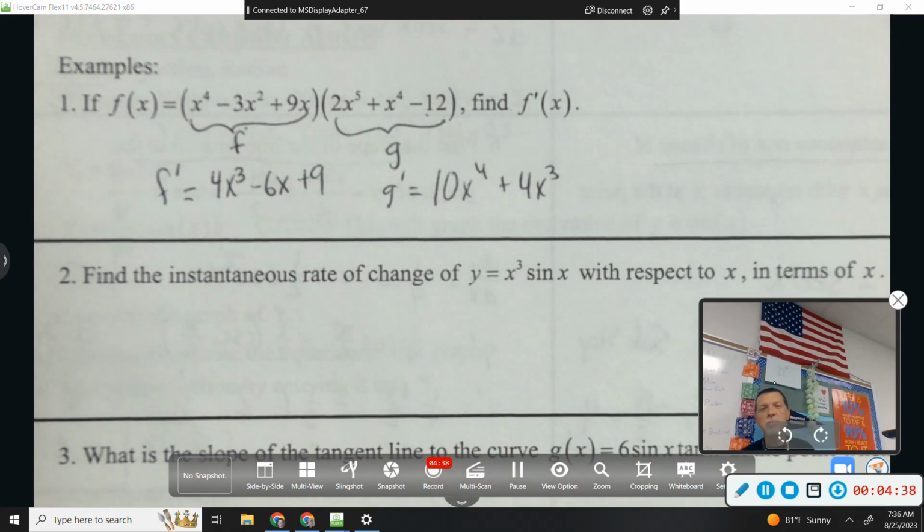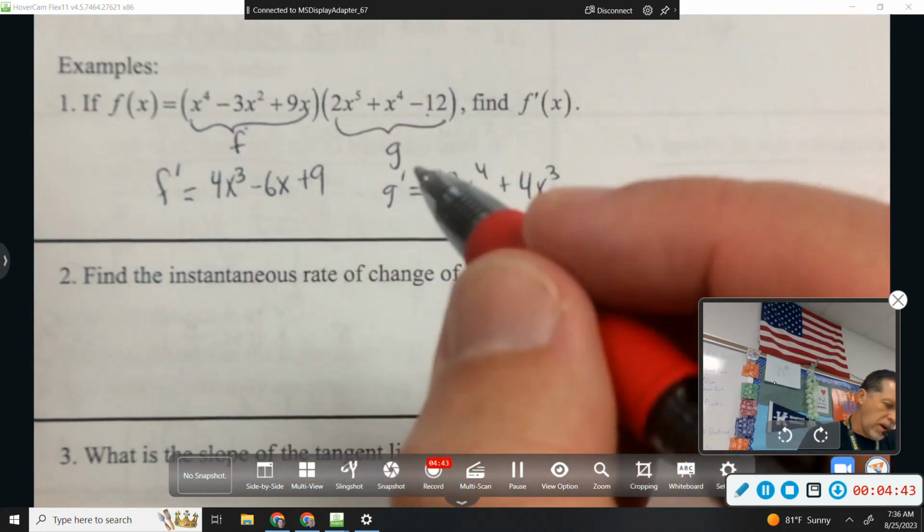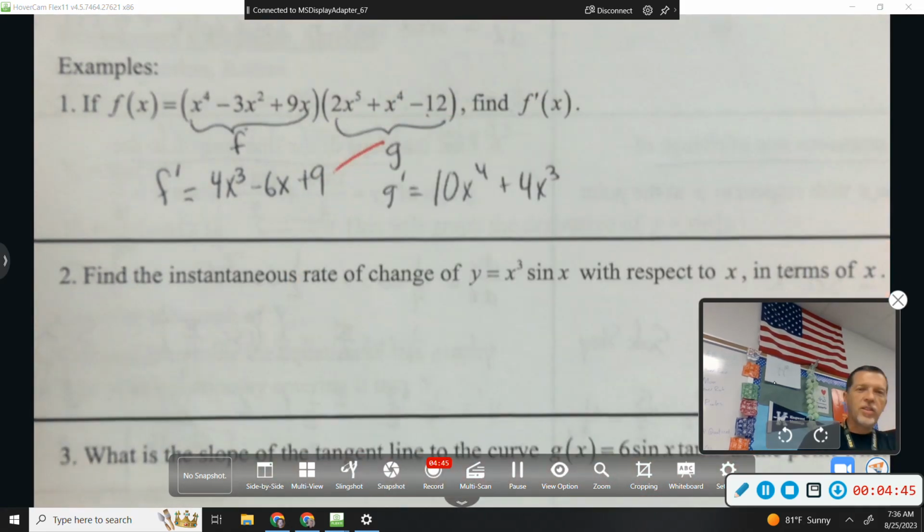So now I'm ready to put them together. I'll make it match the formula exactly, f prime times g.